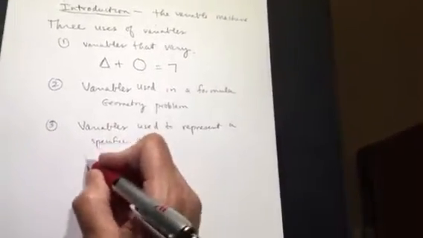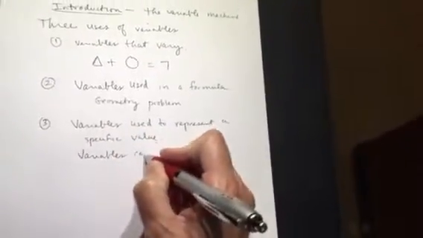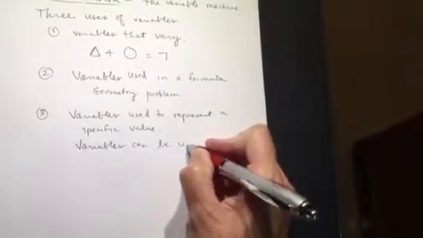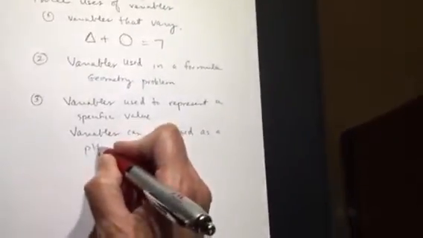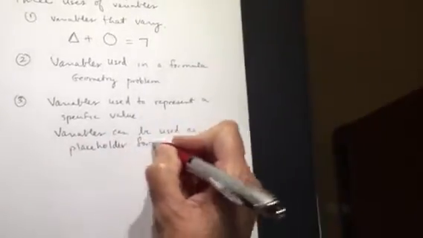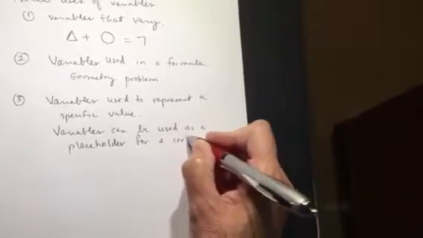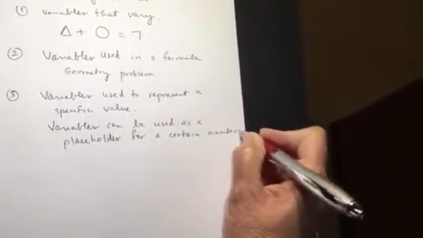The professor there said variables can be used as a placeholder for a certain number, for a particular number. So that's the same thing right here.